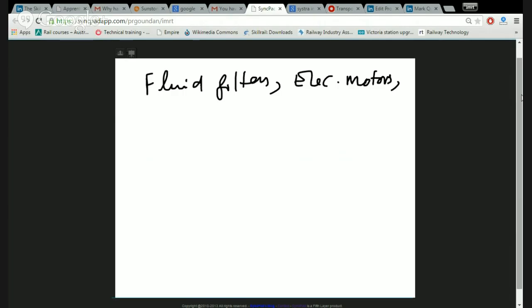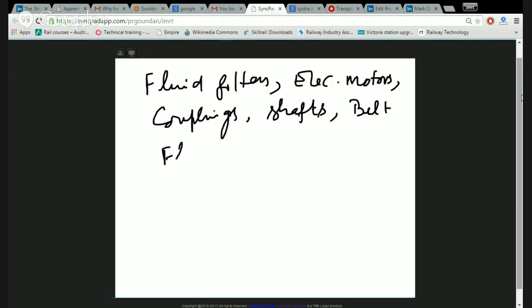Yes, sir. So like this, any mechanical part: filters, fluid filters, electric motors, couplings, mechanical couplings, shafts, driving shafts, belts, conveyors, and it even gives data for fluid conductors.